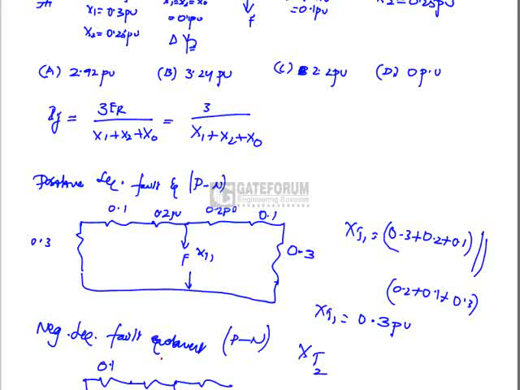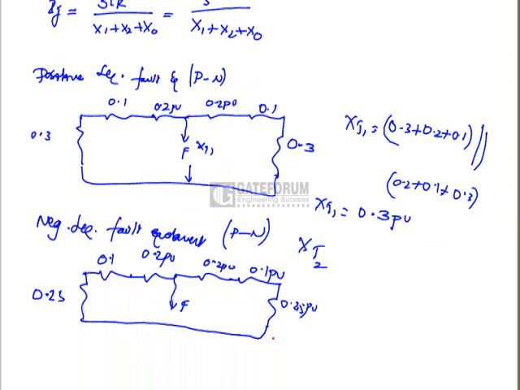Transmission line negative sequence is given as 0.4 per unit, so this is 0.2 and this is also 0.2 per unit. Okay, after that we have one more transformer, this is 0.1 per unit. After that we have a generator, negative sequence reactance is 0.2 per unit. So this is the equivalent circuit for negative sequence reactance.